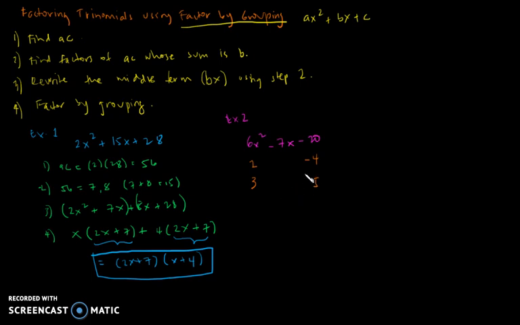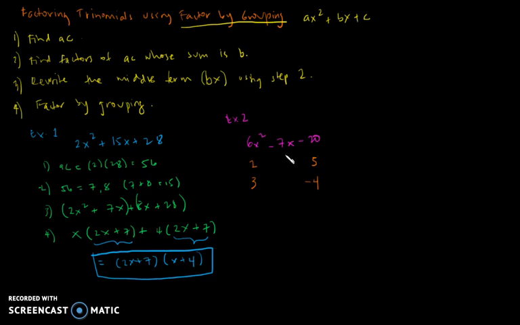If we cross multiply, this will not give us what we want, so we change the factors. Let's say 5 and negative 4, so this will be 15 and negative 8, which gives us positive 7.